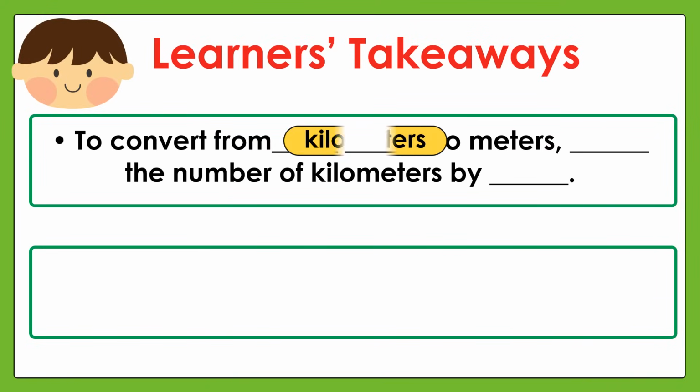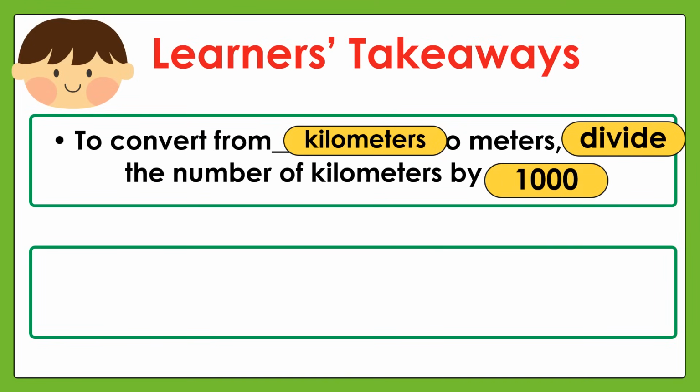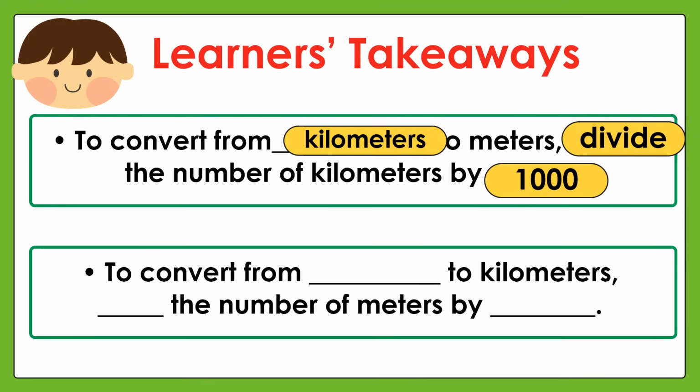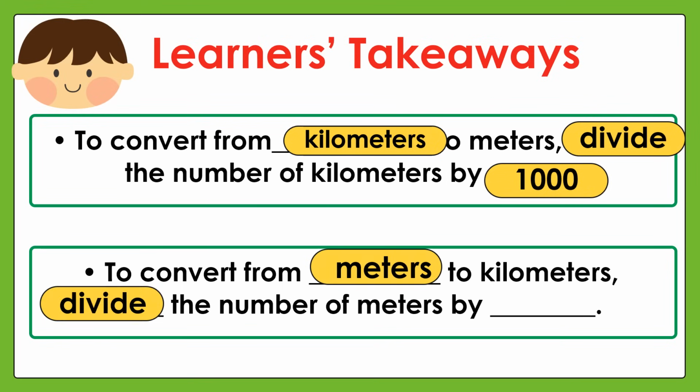To convert from kilometers to meters, divide the number of kilometers by 1,000. To convert from meters to kilometers, divide the number of meters by 1,000.